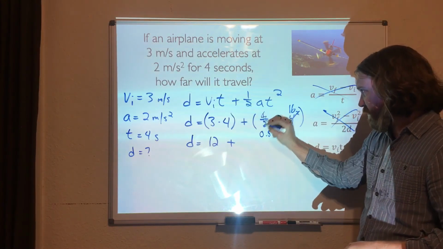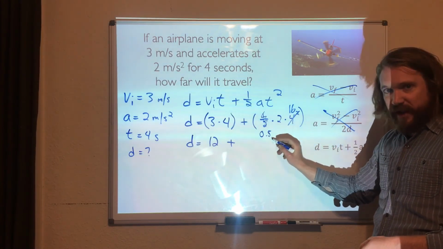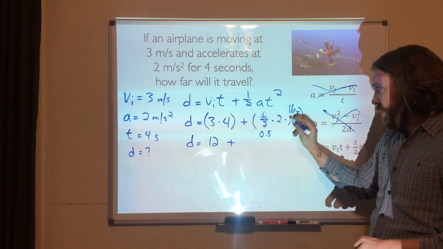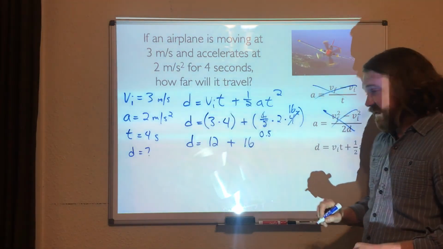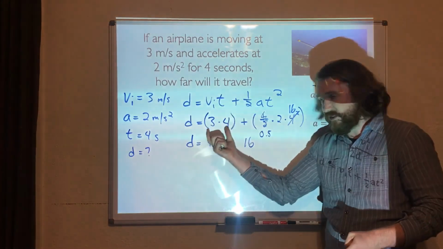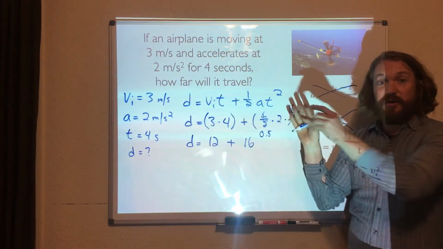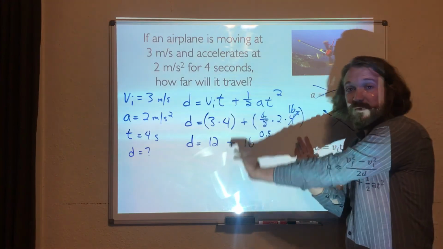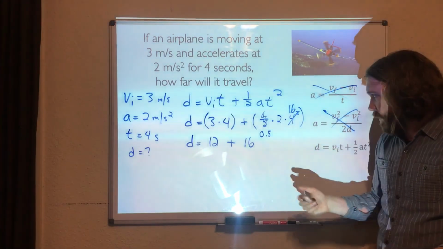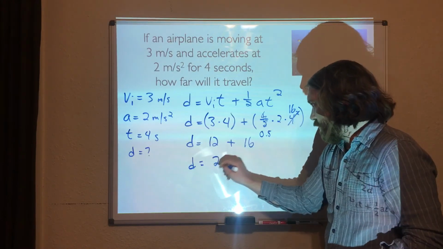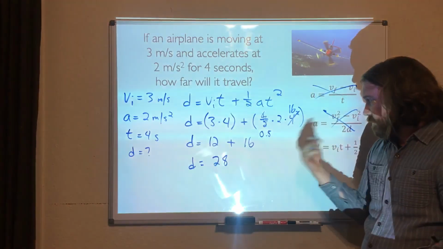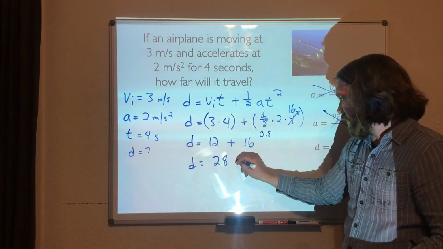Okay, so instead of this, you're going to enter in 0.5 times 2 times 16, and you're actually going to get 16. All right, so I did this unit, then this one, and notice I did them separately. I even entered them into my calculator separately, or told you to. And the last thing we got to do is just add them up. 12 plus 16 gives me 28, and this is the distance, so I measure it in meters.